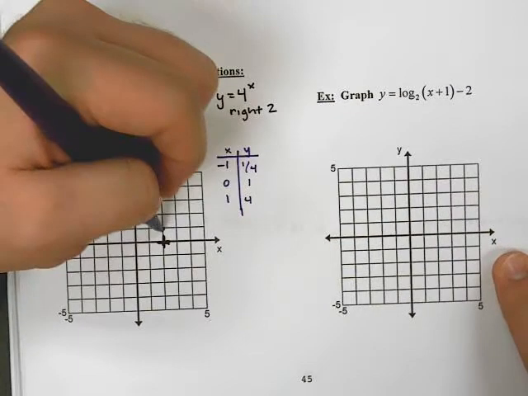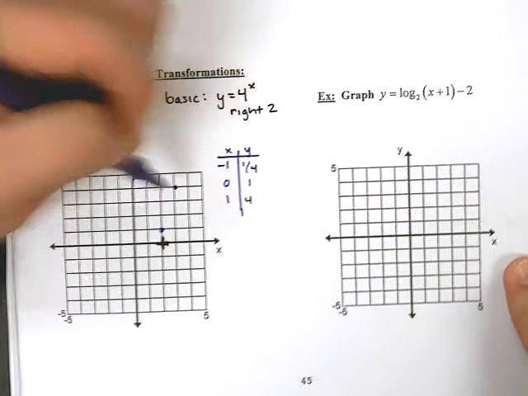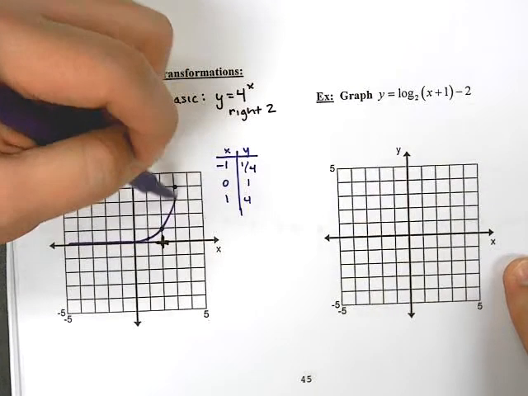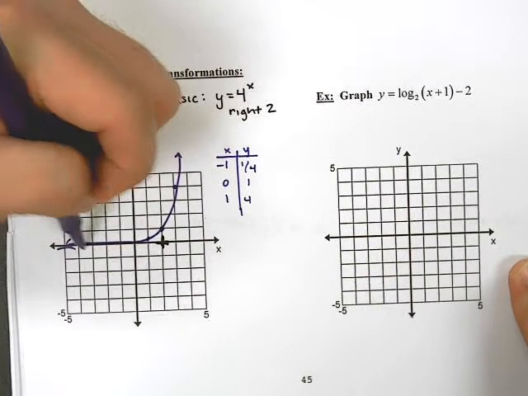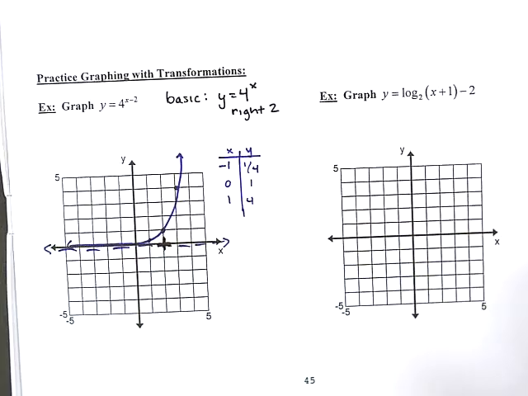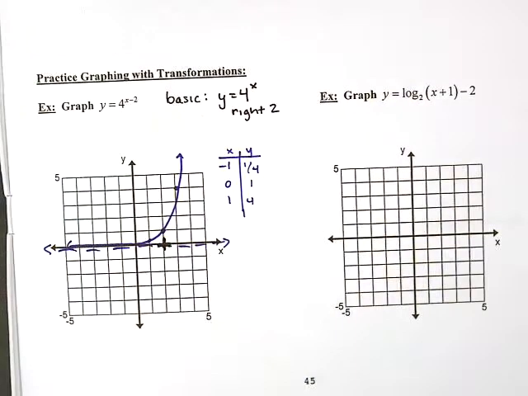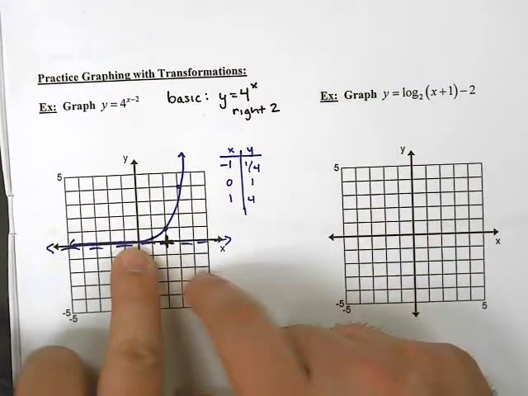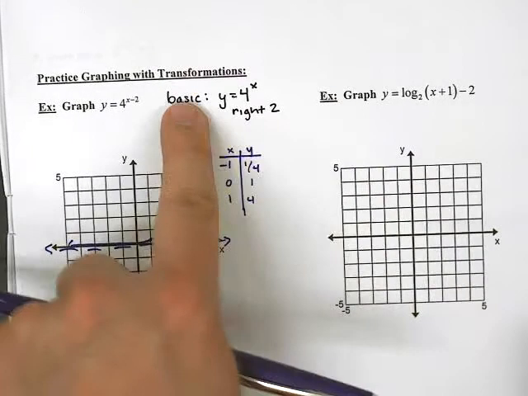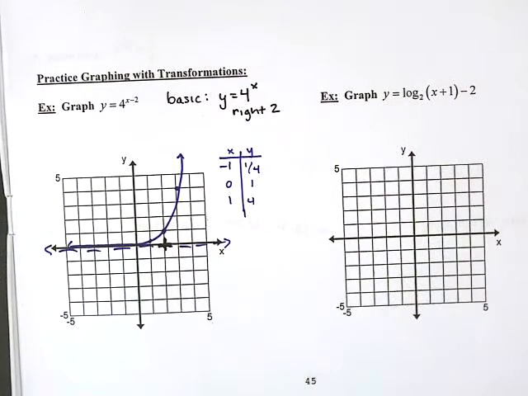So 0, 1, 1, 4, negative 1, 1/4, and we sketch, and we make sure we put in our horizontal asymptote. So what happened? A graph that used to be centered at the origin is now centered at 2, 0, because I knew that I had to shift 2 units to the right.